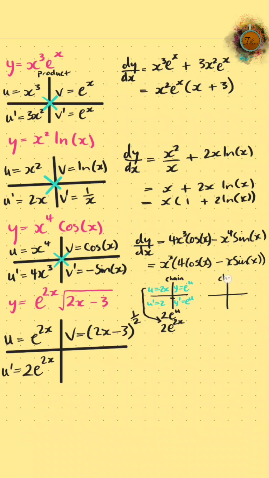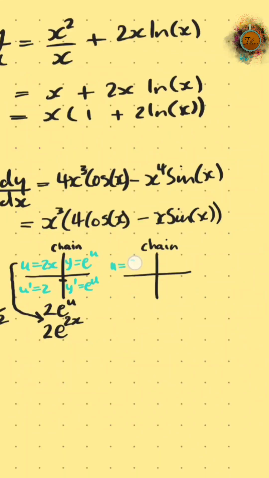Okay, we've got a second chain rule to enact because of the v. The u in this case is 2x minus 3, if you can tell. We're going to have something inside a square root function, basically. For the purposes, we'll just say y equals u to the half. U dashed is 2, y dashed is going to be. So to combine this again, we're going to multiply across because it's a chain rule.